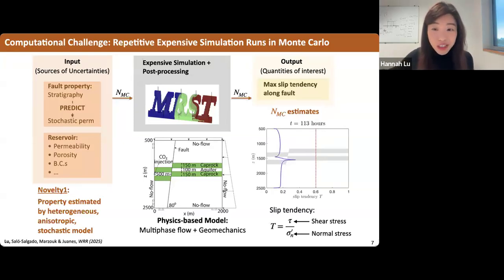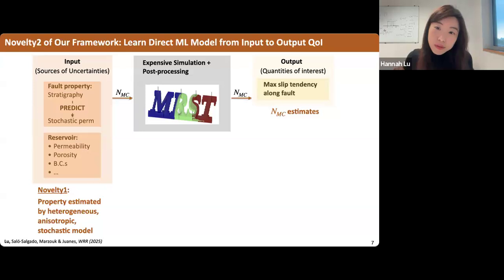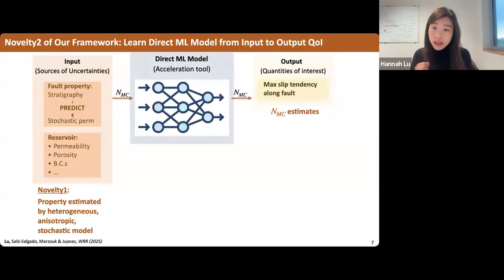However, the computational challenge is these expensive simulations need to be run repeatedly in Monte Carlo. So to tackle this challenge, the thing we want to do is replace this expensive simulation and post-processing process with an efficient machine learning model.